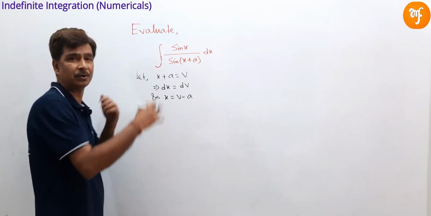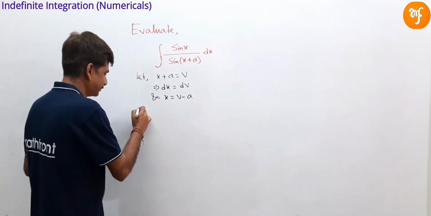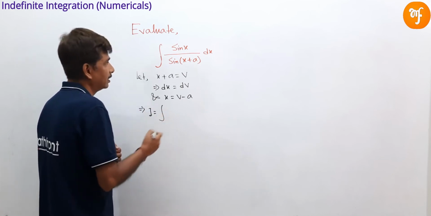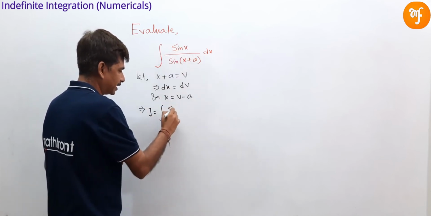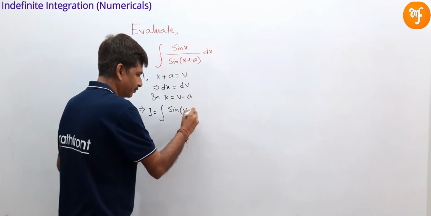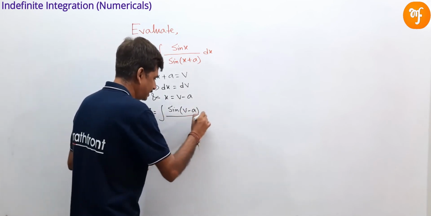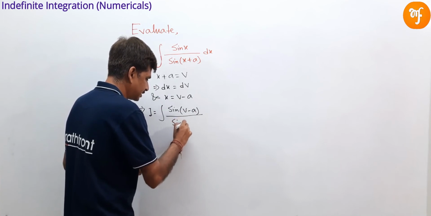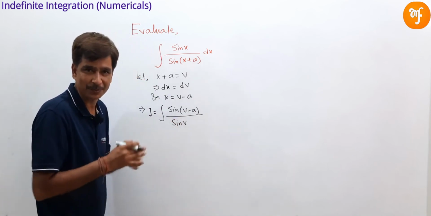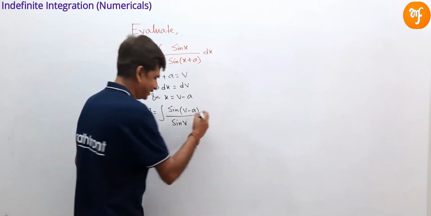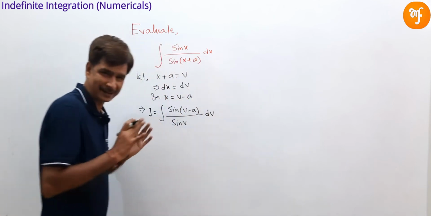Now what will be the integration? Instead of sin of x we can write sin of (v minus a), as x is v minus a, and at the denominator it is just sin of v, as we assumed x plus a is equal to v, and instead of dx we will write dv. Okay, clear?